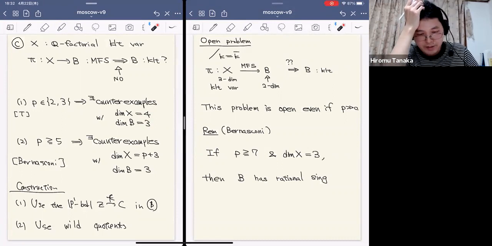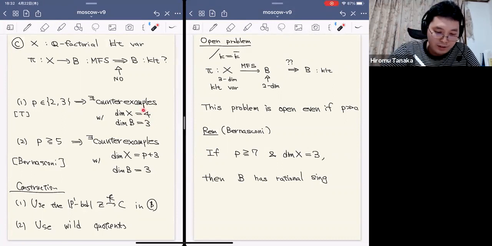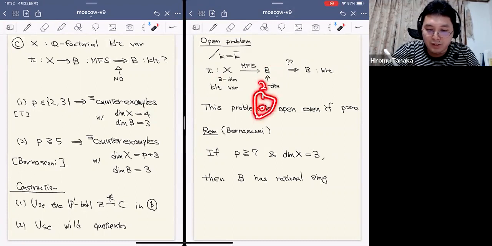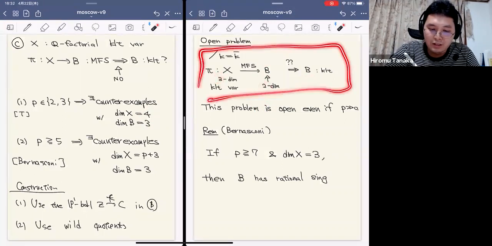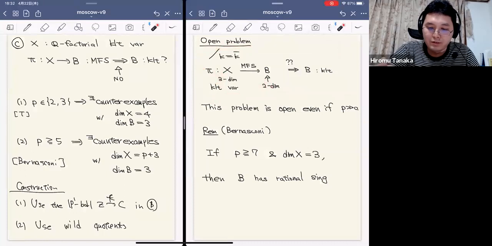In terms of dimension, as I said, if the dimension is equal to 2, then it is impossible to find a counterexample. So the only remaining case is dimension 3. The possibilities for the dimension of the base are 2, 1, or 0, but if it is 1 or 0, then of course B is smooth. So the only remaining cases are 3 and 2. So the remaining question is this one.